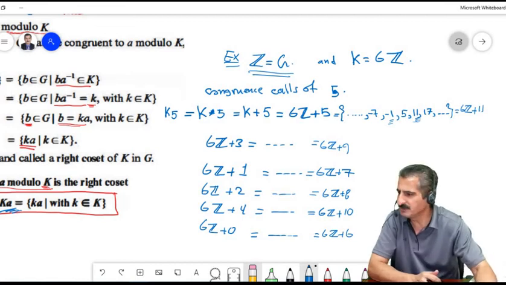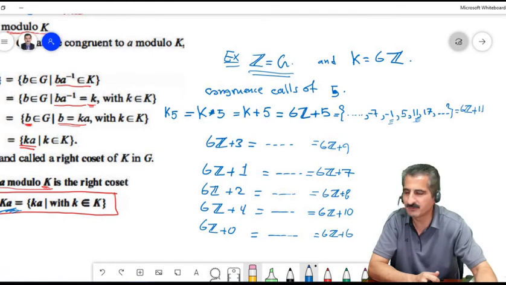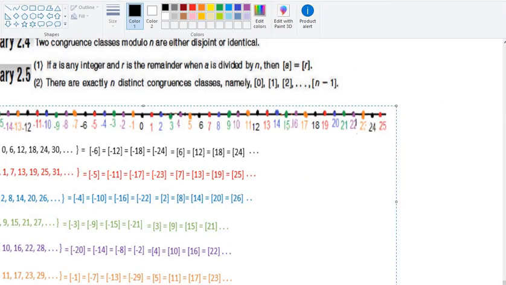So let me remind you of something that we learned before. Here we were working with K to be 6Z, and the group G was Z itself, and the black color represents this subgroup, which is the same as plus 6, plus 12.